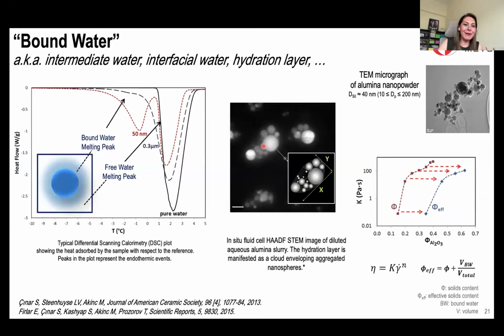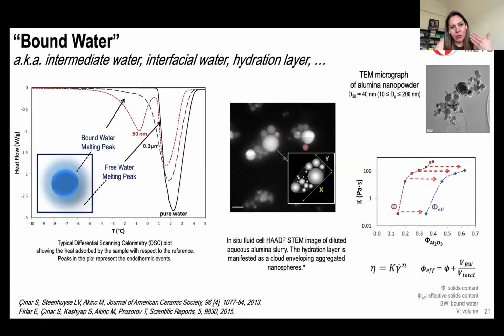That was quite important to us, because if you prepare a 20 volume percent suspension, you add 20 volume percent of particles and 80 volume percent of water, right? But some part of that water no longer acts as a solvent. It is associated with the powder, and the powders act like much larger particles.